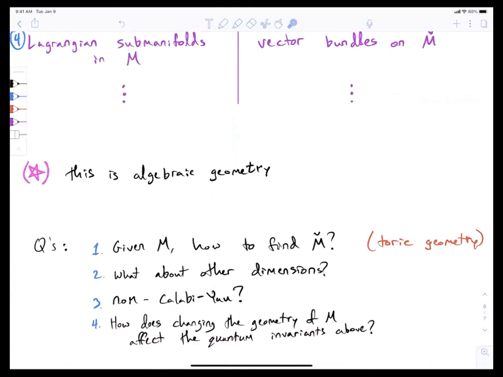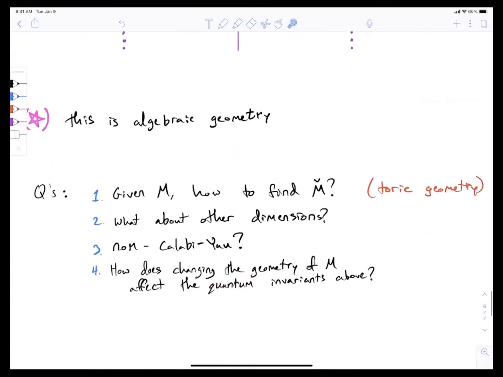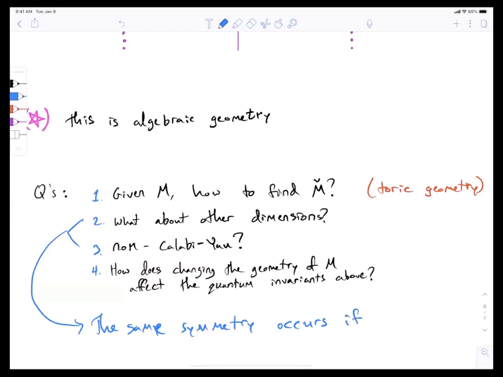It turns out that for these too, there is a version of mirror symmetry. So the same symmetry actually does occur for general complex manifolds. But interestingly enough, the mirror, the M check, is often not itself a geometric space in a way that we're used to.